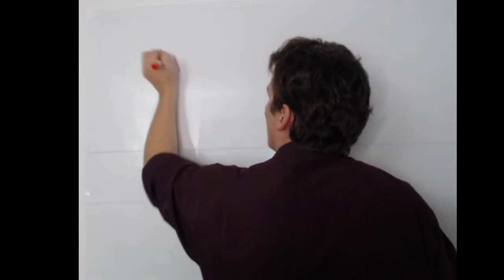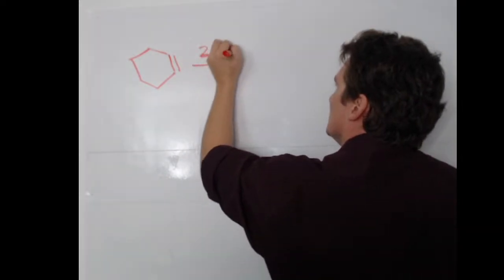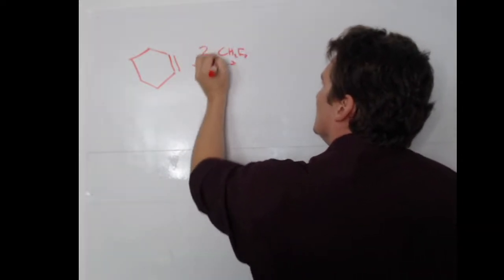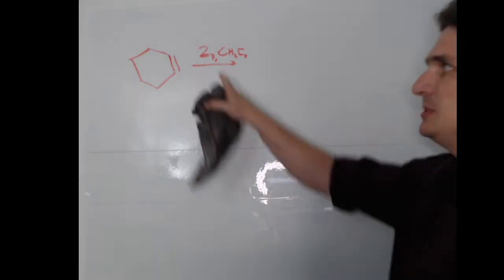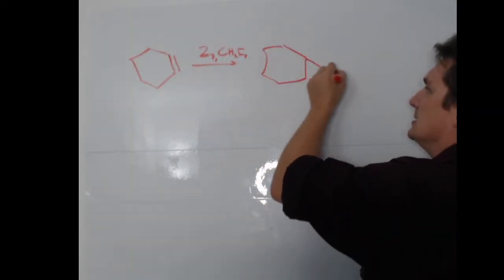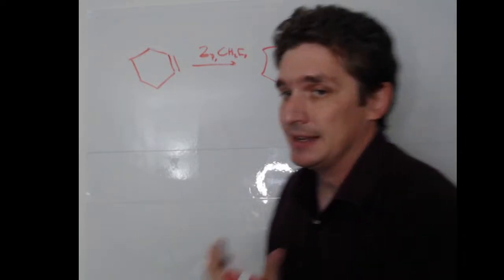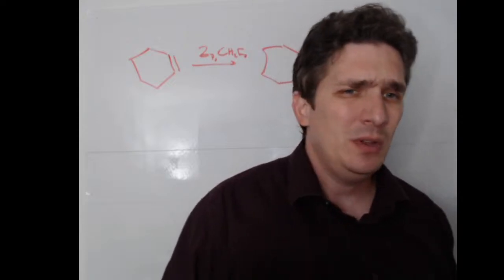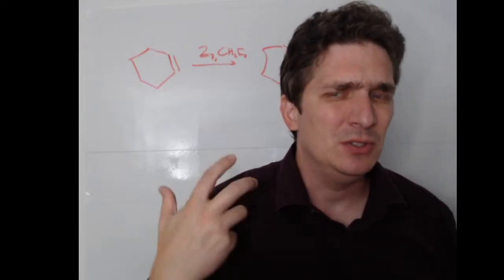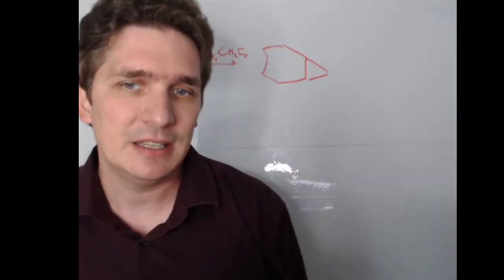So let's say we have some alkene, and we have zinc and CH2I2. All of that's getting wrapped up in the reaction arrow, and what we're producing at the end of the day is a cyclopropane. This is a really good way to make cyclopropane. But again, knowing this mechanism doesn't really do you any good. Like, it doesn't change the overall outcome. It doesn't help you predict anything.